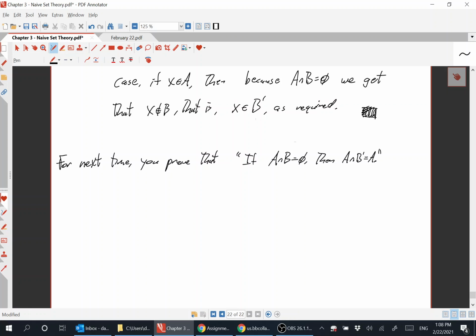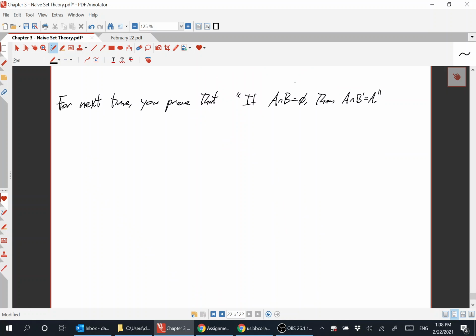All right, let's talk a little bit about if and only if type statements. So proving logical equivalences or double implications.